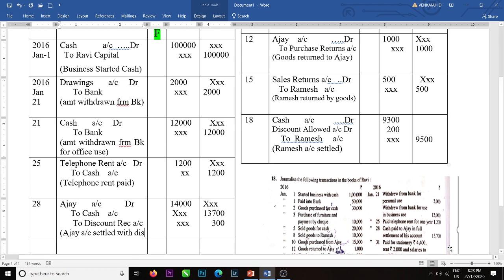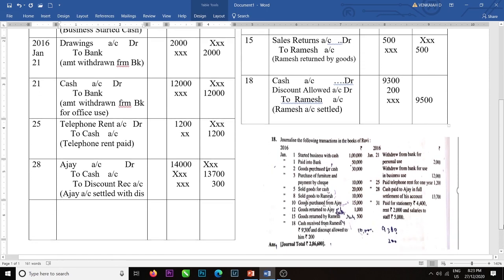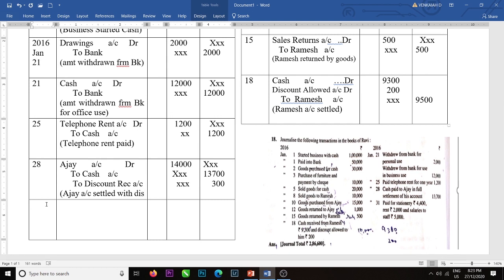Next, paid for stationery, rent, salaries, all are expenses. So according to our rule for nominal accounts, all expenses are to be debited. What we paid: number one, stationery account debit.